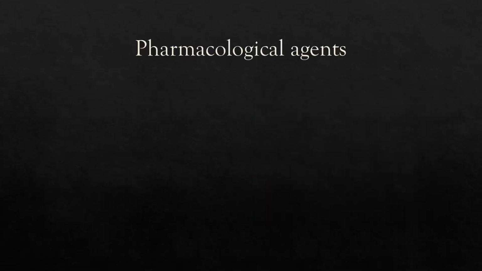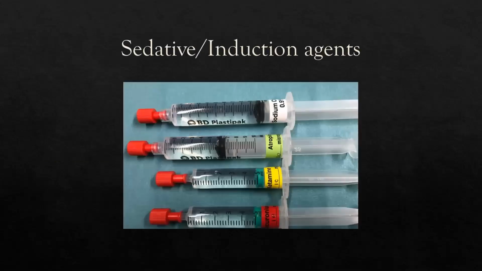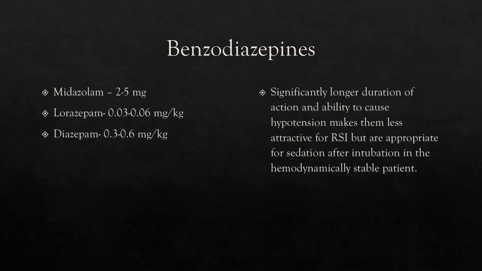So here are our pharmacy agents that we're going to be using to perform RSI. Let's take a look at sedative or induction agents. Benzos, such as midazolam, lorazepam, and diazepam, have a significantly longer duration of action and the ability to cause hypotension, which makes them less attractive for RSI, but they are appropriate for sedation after intubation in the hemodynamically stable patient.